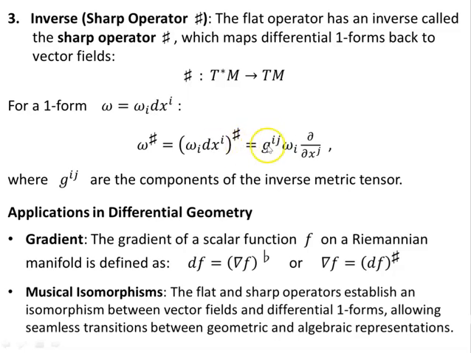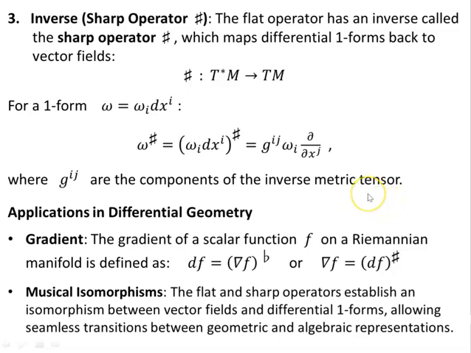So we get now g with contravariant indices ij, upper indices ij, times omega_i, and the basis one form becomes the basis vector, partial x^j, where g^ij are the components of the inverse metric tensor. All right, so the inverse.